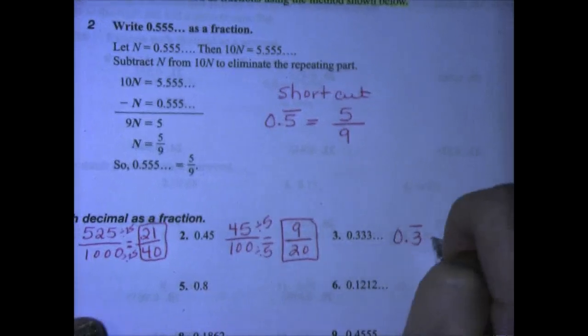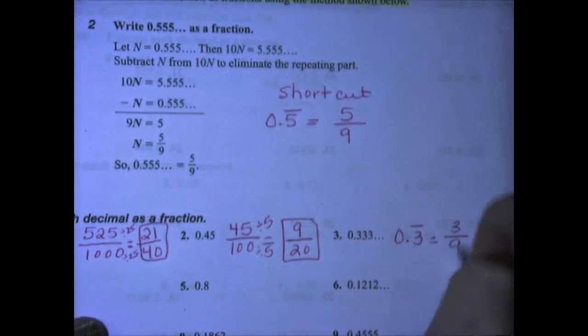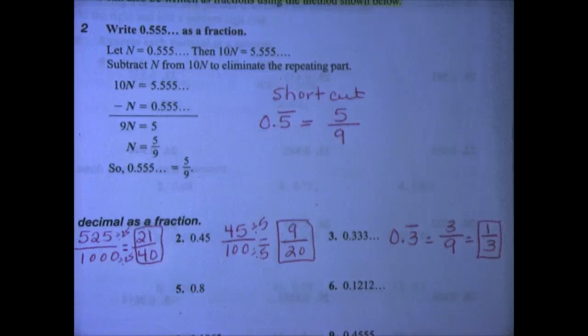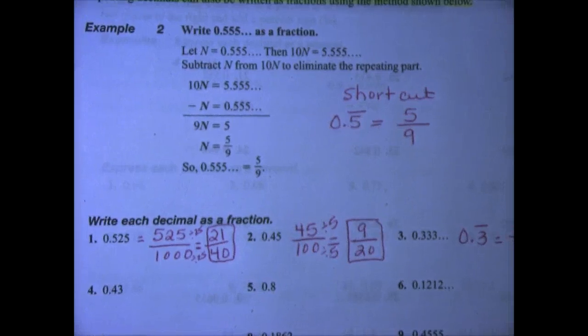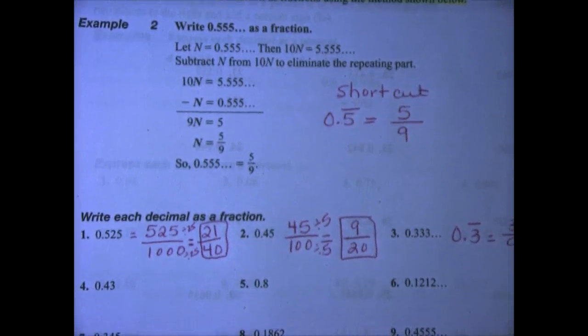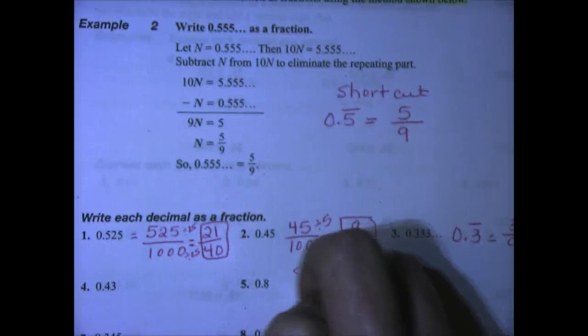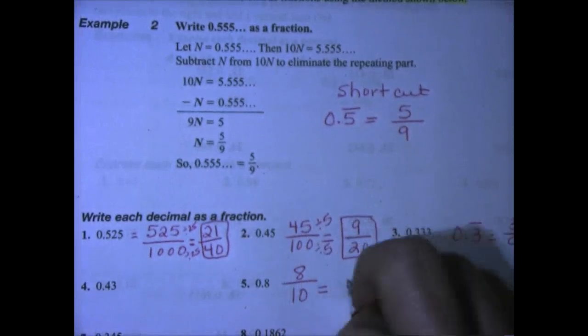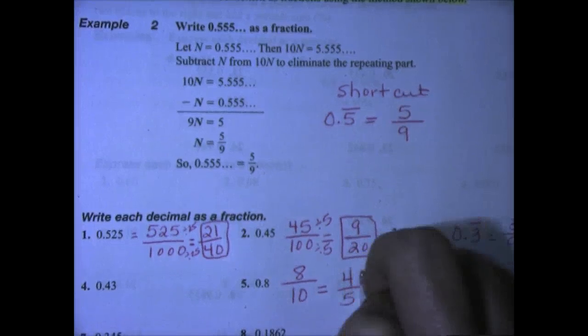And remember that we've got a shortcut. We can take that 3 over 9, but then we need to simplify it to 1/3 by dividing both the numerator and the denominator by 3. Let's take a look at number 5. We have 8/10ths. So we'll write 8 over 10, simplify it by dividing by 2, and we get 4/5.